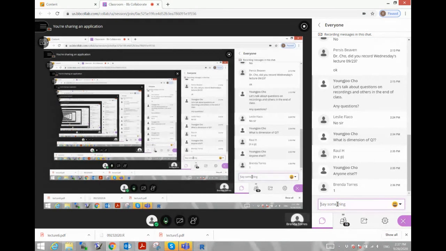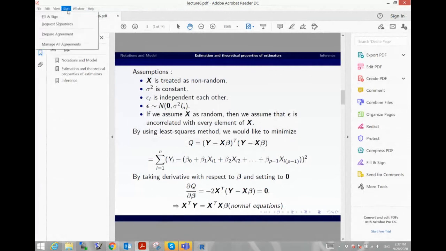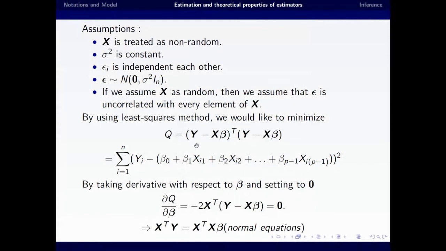So Brenda is right. It's 1, because if you look at this, (y minus X beta) transpose is 1 by n, since y minus X beta is n by 1, and when you transpose it, it becomes 1 by n. So you do a matrix multiplication of 1 by n and n by 1, and you get 1 by 1. So the dimension is 1.